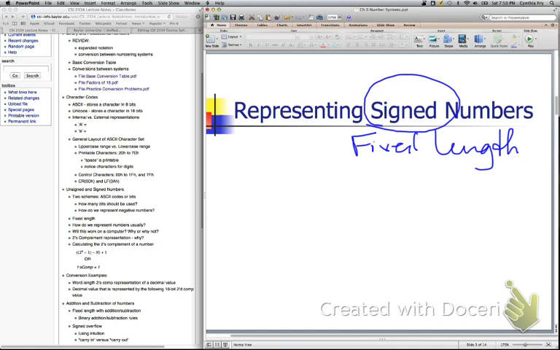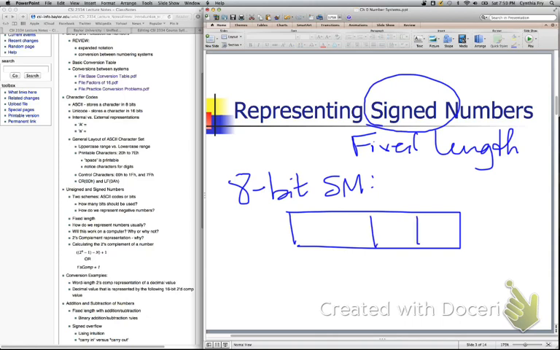So let's try signed magnitude in binary. Let's say 8-bit signed magnitude. Here I'll show you my 8 bits. When we were looking at the decimal, we said I've got a sign and a magnitude.